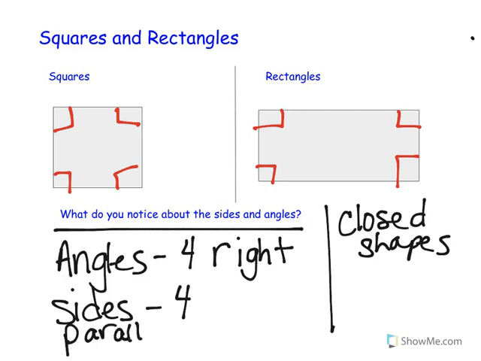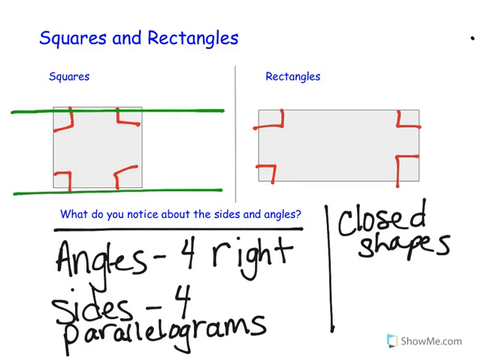So, isn't it a good thing that Mrs. McElroy taught you guys about parallel sides the other day? It's kind of coming in handy. So, if I look at my square, I notice this side and this side are parallel. They're never ever going to intersect, right guys?